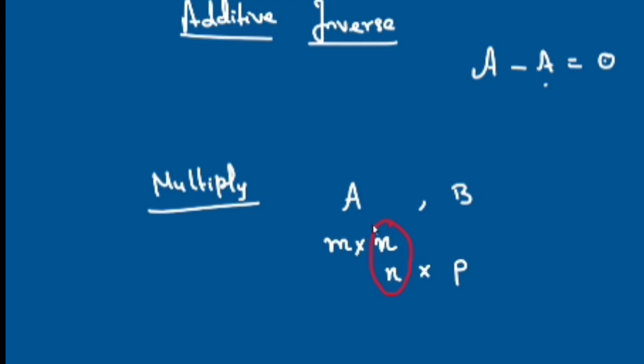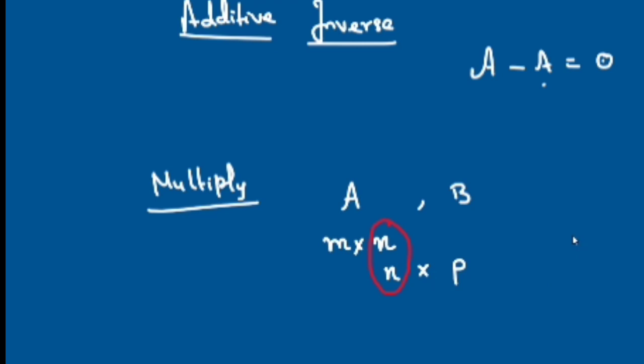So before you start multiplying two matrices, you have to check this condition, whether the number of columns of the first matrix is equal to the number of rows of the second matrix. If that is the case, then you can multiply, and the product is also a matrix.